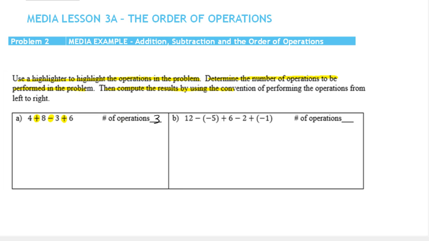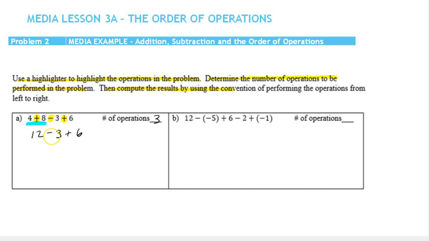Okay. So the first thing we need to perform is 4 plus 8. So those are the two numbers, and this is the first addition or subtraction from left to right. So 4 plus 8 is 12, and now I'm going to write the rest of the remaining problem, minus 3 plus 6. Okay.